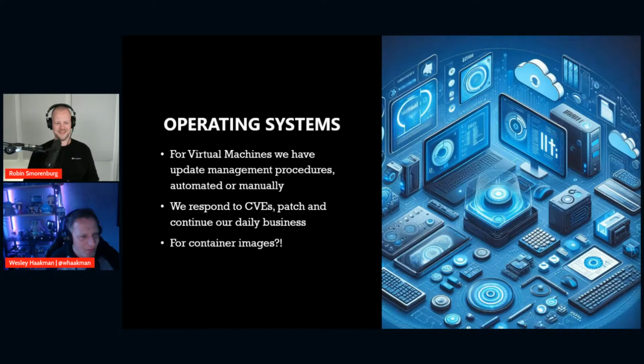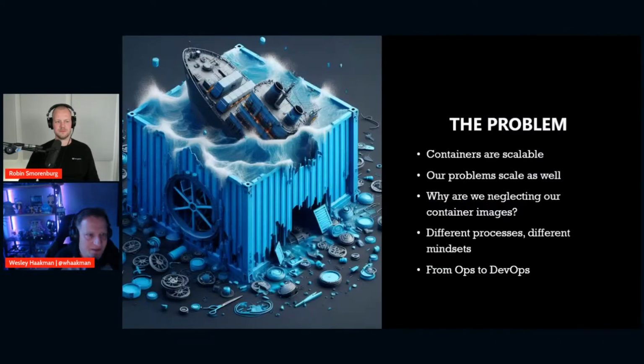So what I see a lot is, we've got a process for patching virtual machines, but what about container images? Do we even look after them? They became so popular, but do we think about that?